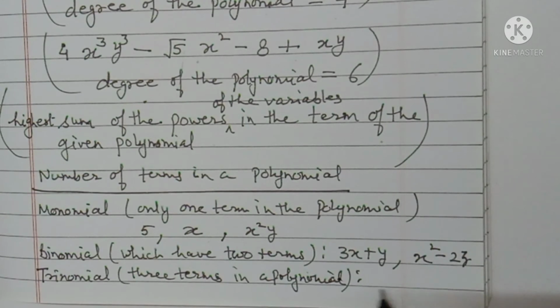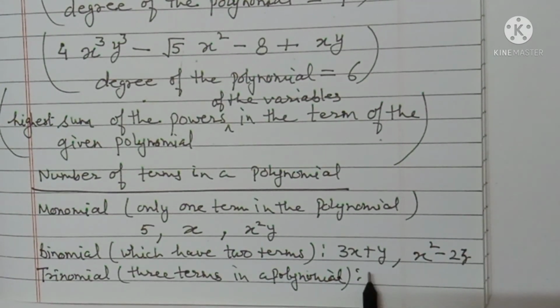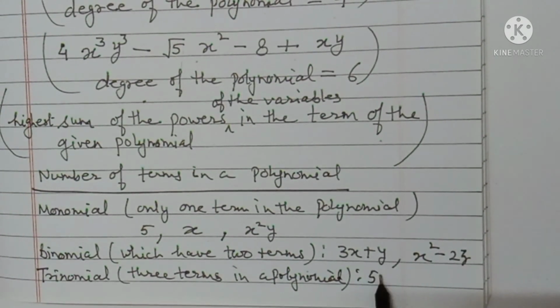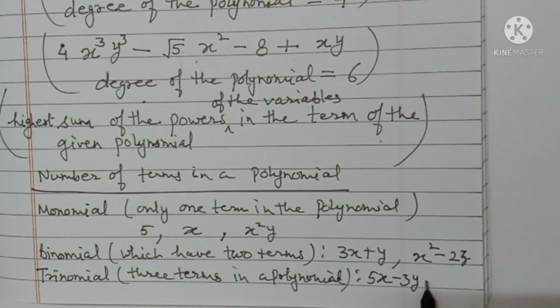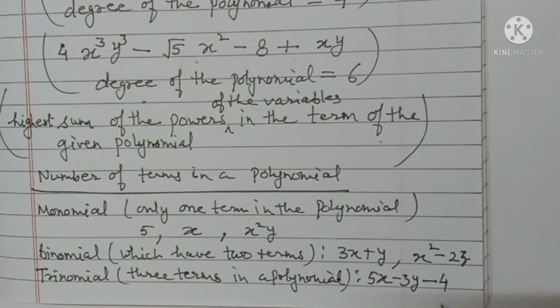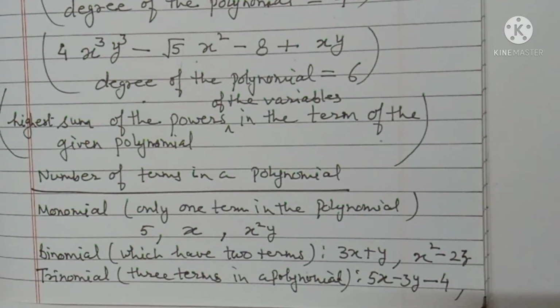Example, suppose 5x minus 3y, two terms, and another term minus 4. This is one example.